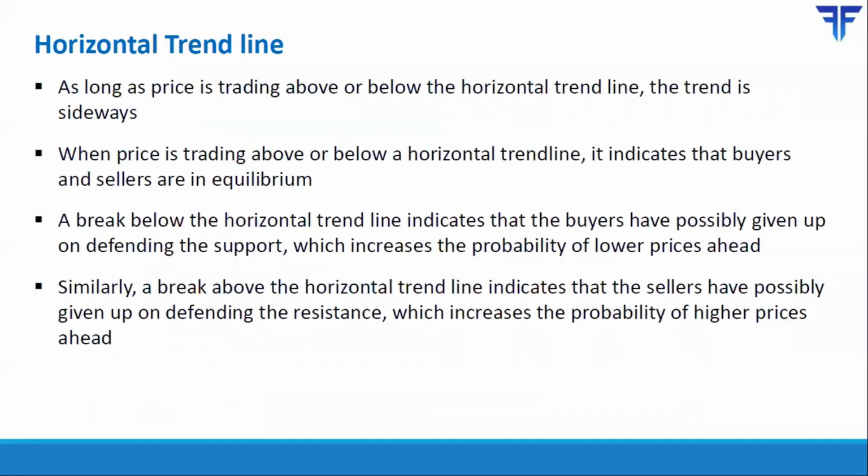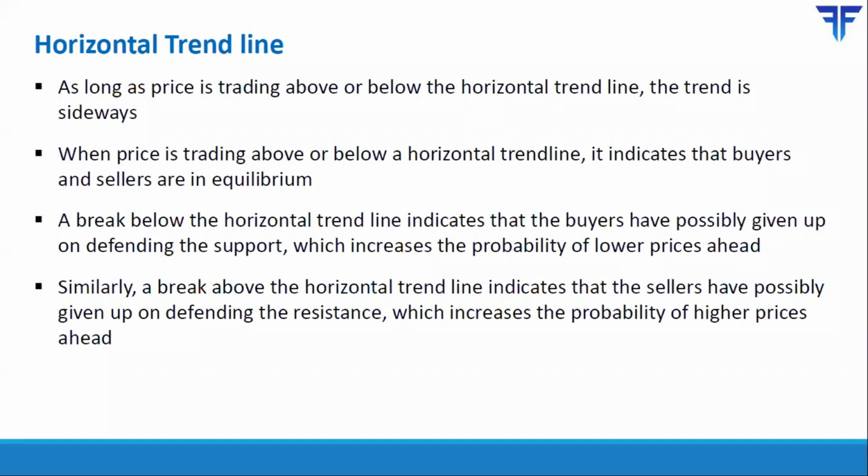As long as price is trading within the confines of the horizontal trend lines, the prevailing trend of the security is sideways, and you can expect that consolidation to prevail.